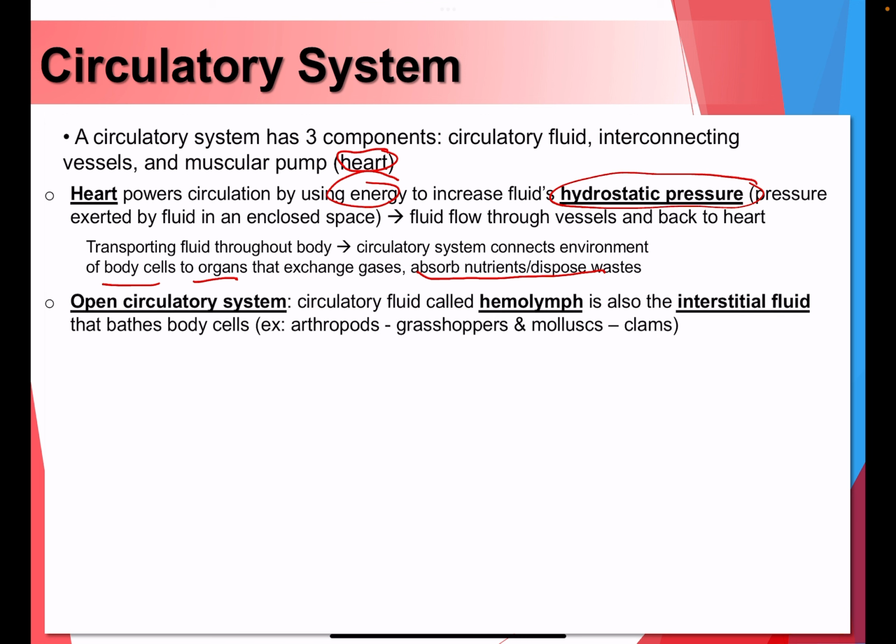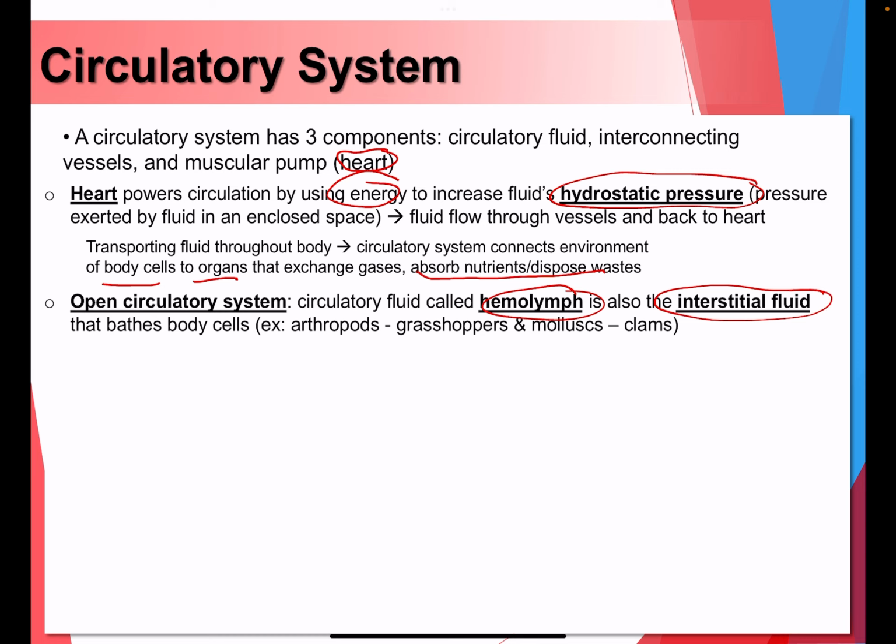All right, we mentioned in the previous chapter that some animals have what's called an open circulatory system, and some animals have a closed circulatory system. When an animal has an open circulatory system, their circulatory fluid, usually called the hemolymph, is used interchangeably with the interstitial fluid. What is interstitial fluid?